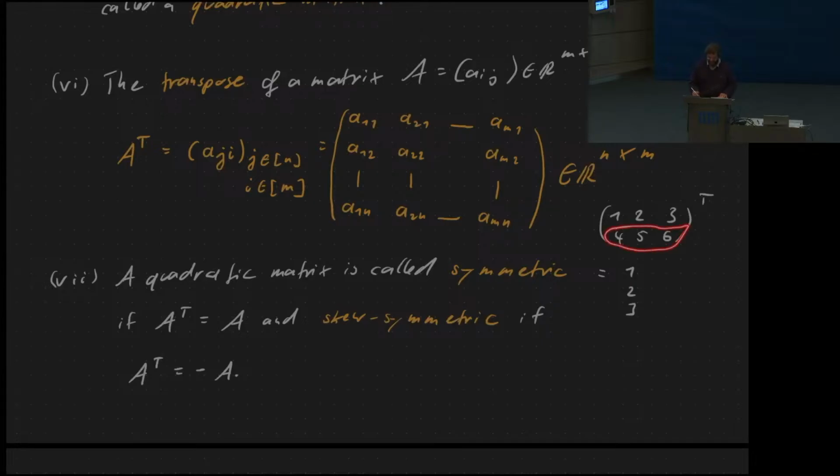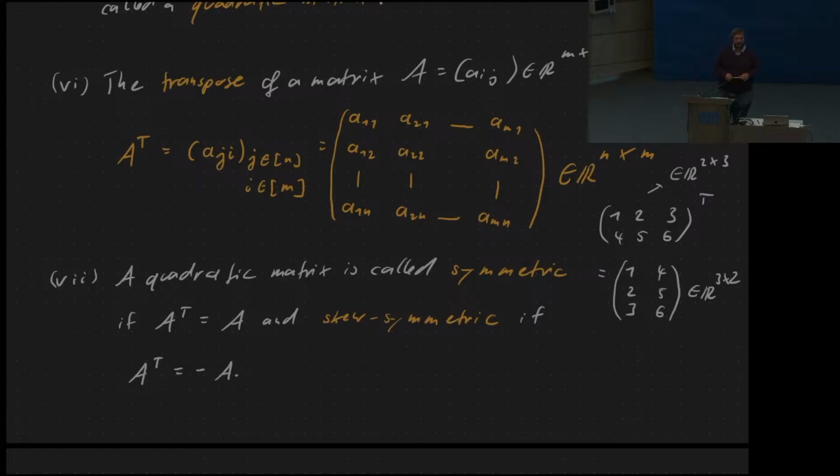Second row becomes the second column of my new matrix. So 4, 5, 6. And that's the transpose. And of course, the dimension or size changes, right? So this here is a 2 by 3 matrix, while the transposed is a 3 by 2 matrix. So you kind of flip rows and columns.